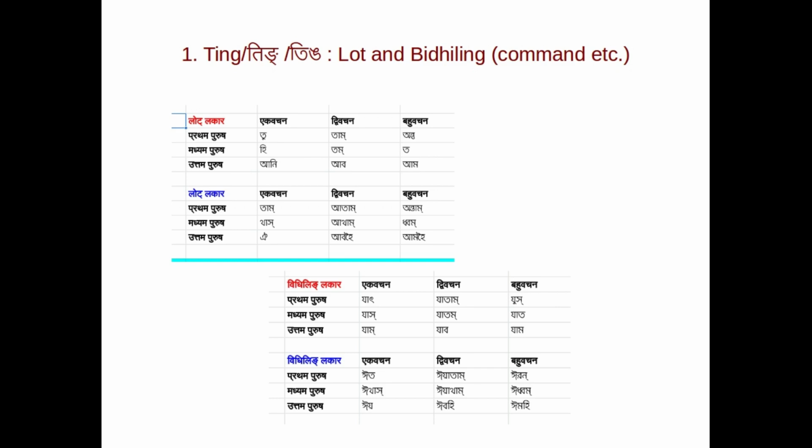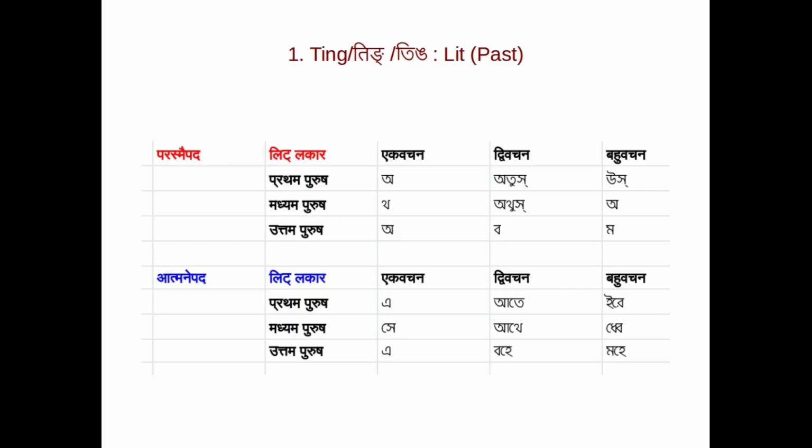Now let us look into past tense, lit lakar. For Parasmaipadi we have a atus us, tha athus a, a va ma. For Atmanepadi we have e ate ire, se ate dhve, e vahe mahe.